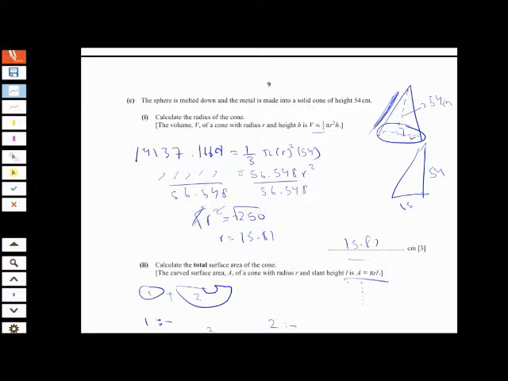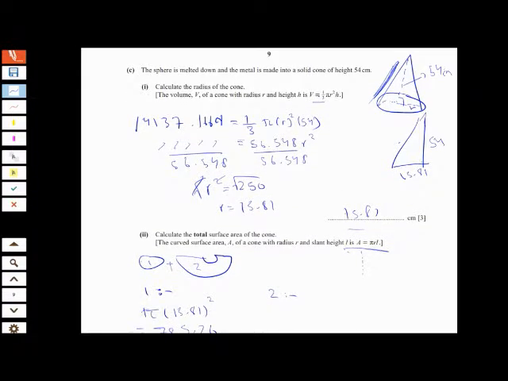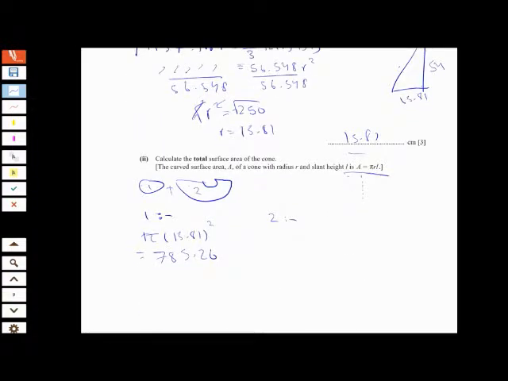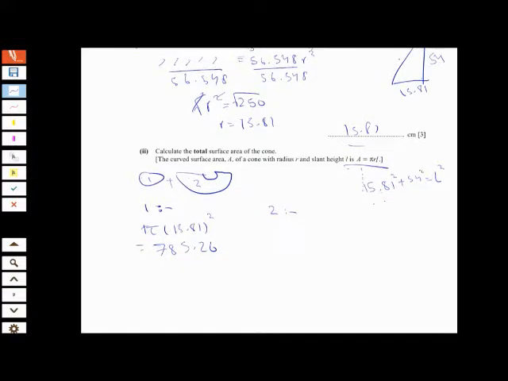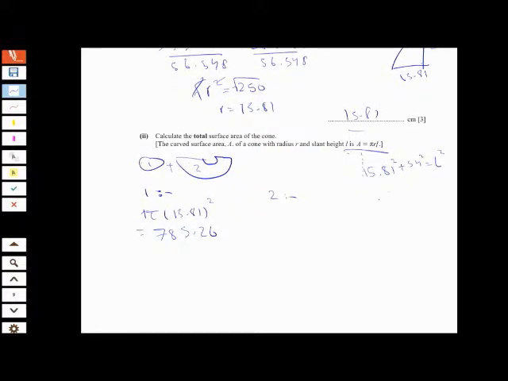We can easily find that by using the Pythagoras theorem, which is 15.81 square plus 54 square equals L square, where L is the slant height. Use the calculator and you'll get L equals 56.26.